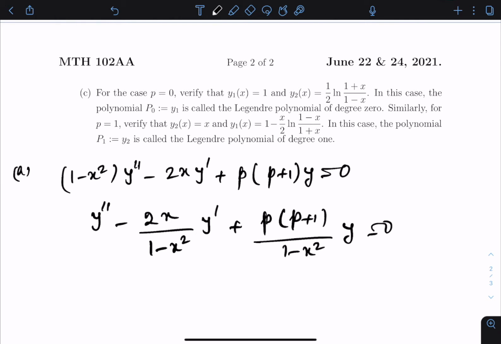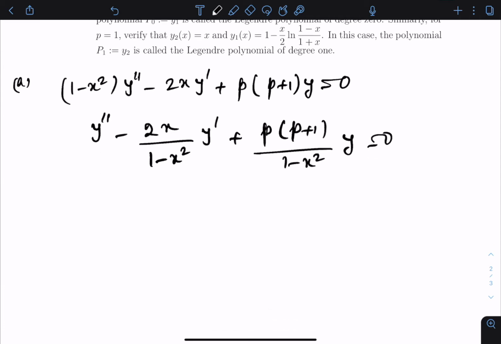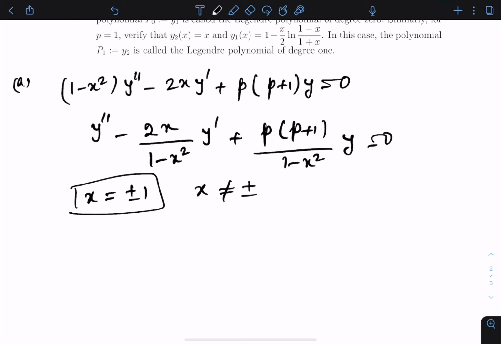Now if you observe, the denominator here vanishes whenever x is plus or minus 1. So except these points, whenever x is not equal to plus or minus 1, these are ordinary points.